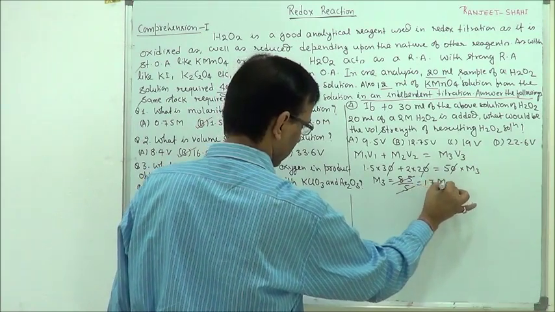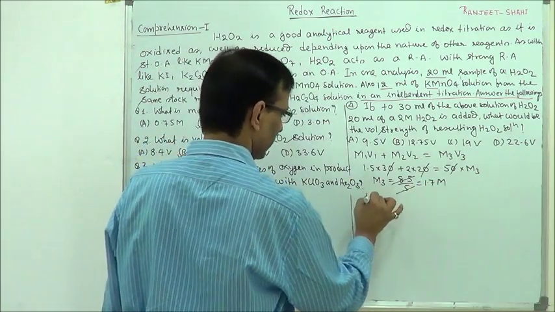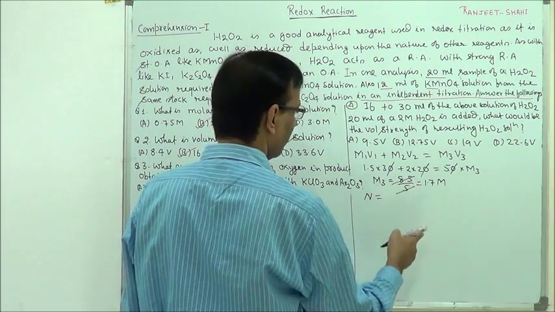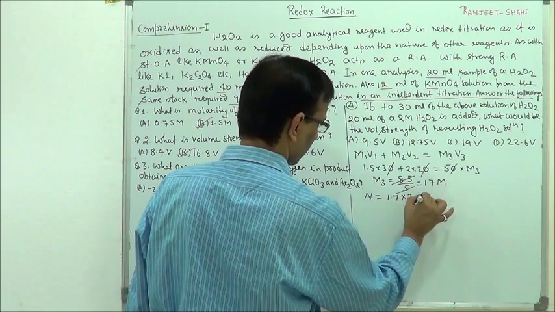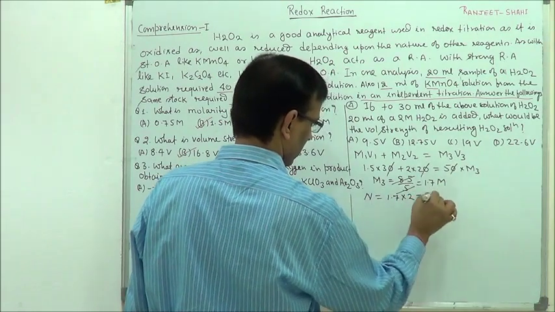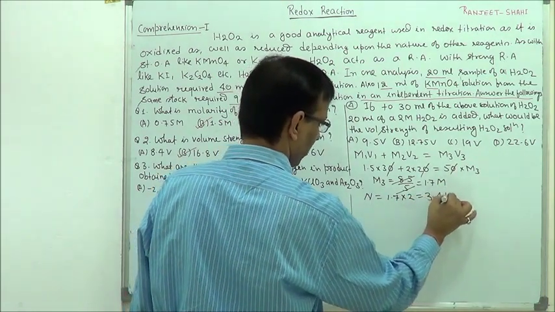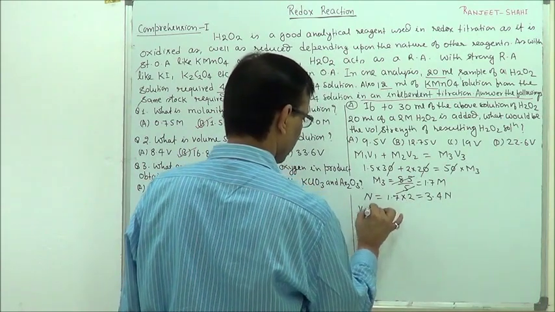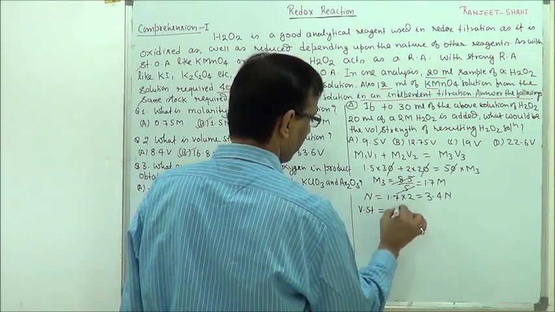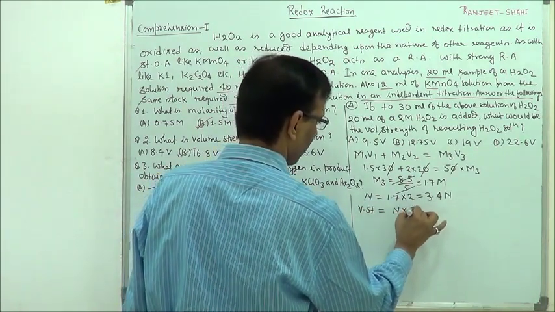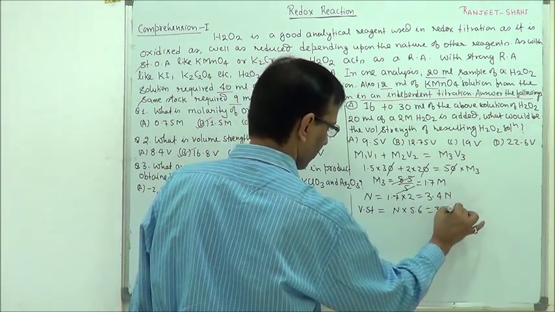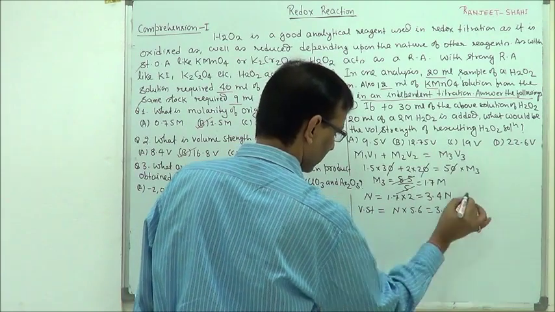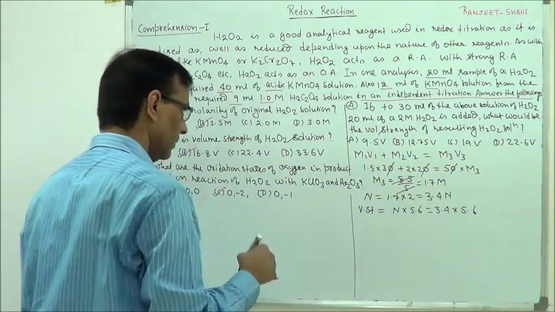So M3 is 1.7 molar. So normality will be 2 times molarity, 1.7 into 2, so 3.4 normal. So volume strength is normality multiplied by 5.6. So 3.4 multiplied by 5.6.